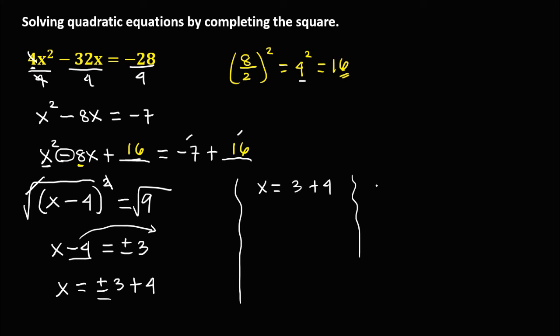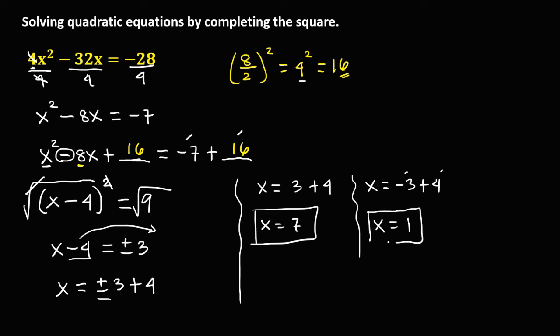And the other one, x equals negative 3 plus 4. So 3 plus 4, x equals 7. And the other one, negative 3 plus 4, so x equals 1. So these are now the solutions of this quadratic equation, x equals positive 7 and x equals positive 1.